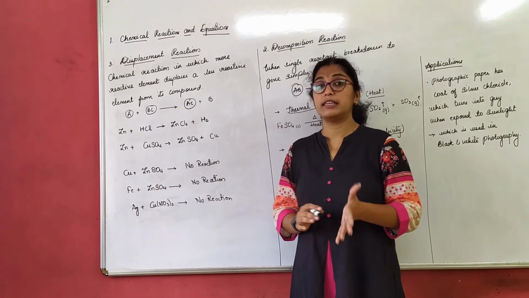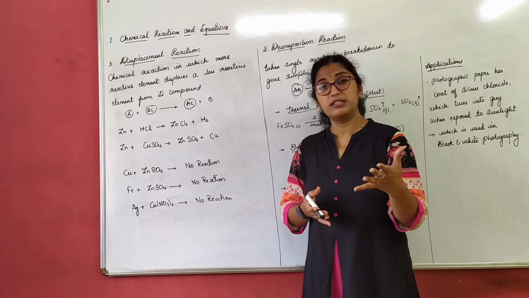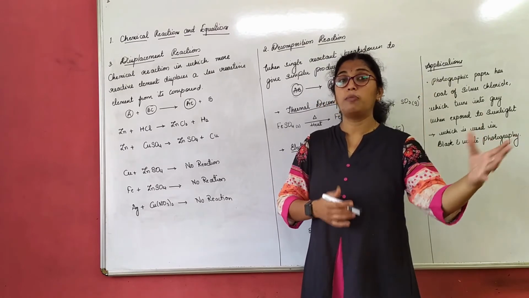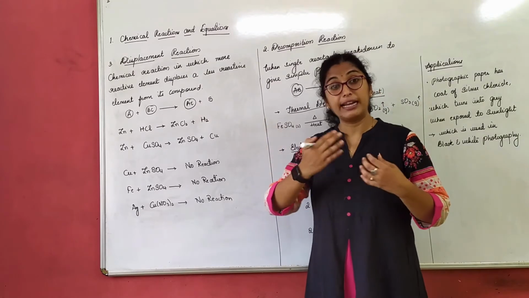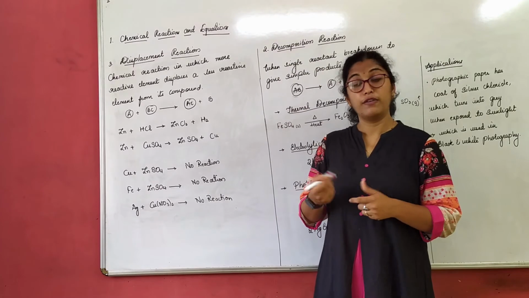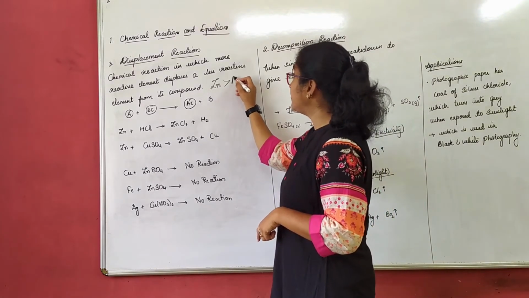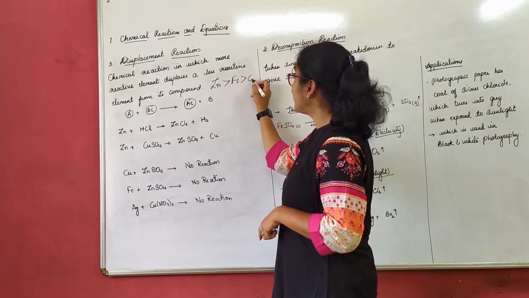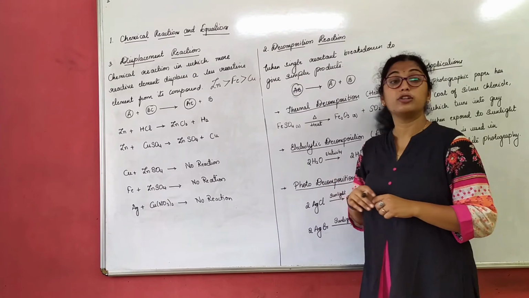All the chapters in chemistry that we study, for example chemical reactions and equations, acids, bases and salts, metals and non-metals, are all interlinked with each other. For example, zinc is more reactive than iron and more reactive than copper. That means zinc stands first, then iron, then copper.